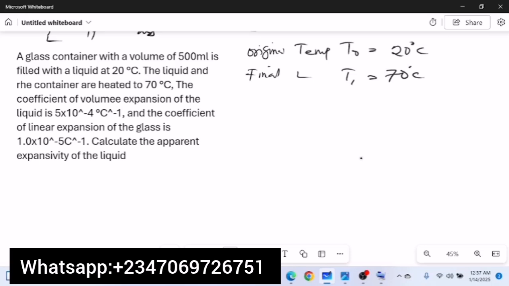Now we are given the thermal expansion of the liquid, which is the absolute expansion, which is beta, and that is given in the question as 5 by 10 to the power of -4 per degree Celsius.